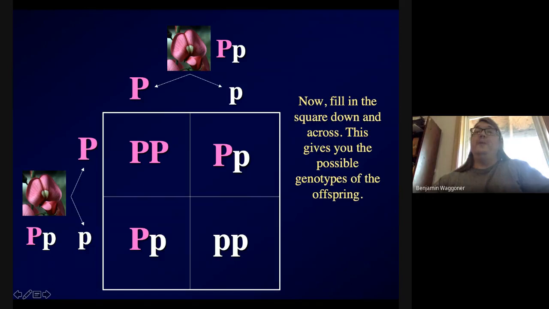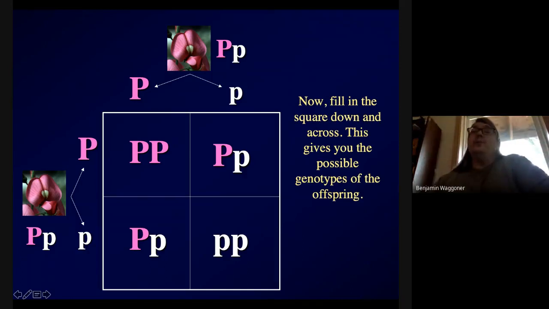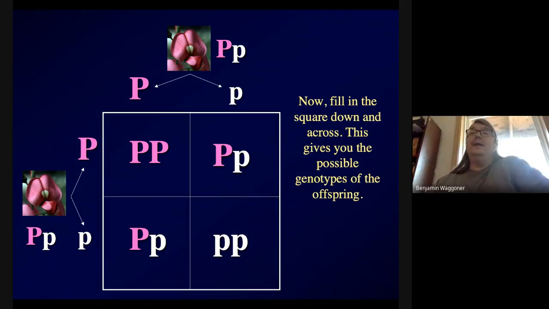Remember, you're going to fill this in by moving those letters from the top of each column down and from the left of each row to the right. 1/4 of your plants are going to get a little p recessive white flowered allele from each parent, and they will end up homozygous with 2 copies of the recessive white flowered allele. And because they have no dominant allele to hide that, they're going to look white. So the phenotype will be white flower color. So that's how you fill in that type of Punnett square.